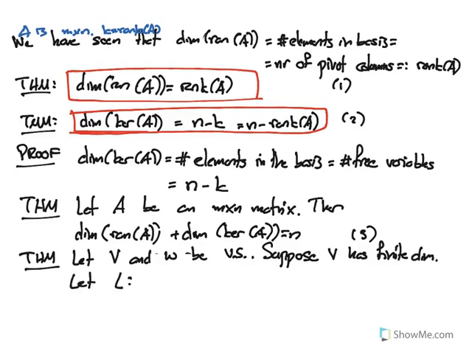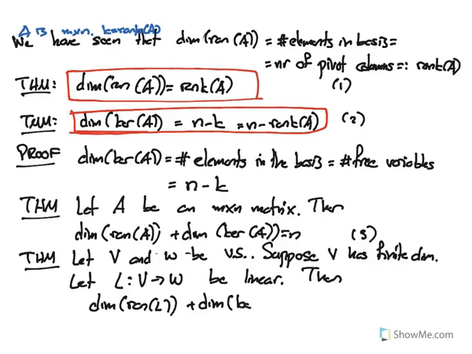Then we let L be a linear map, and then the claim of this theorem is that relation 3 holds. So L is no longer a matrix, it's a linear map. So in a general vector space setting, if you take the dimension of the range and you add the dimension of the kernel, then this is equal to the dimension of V.